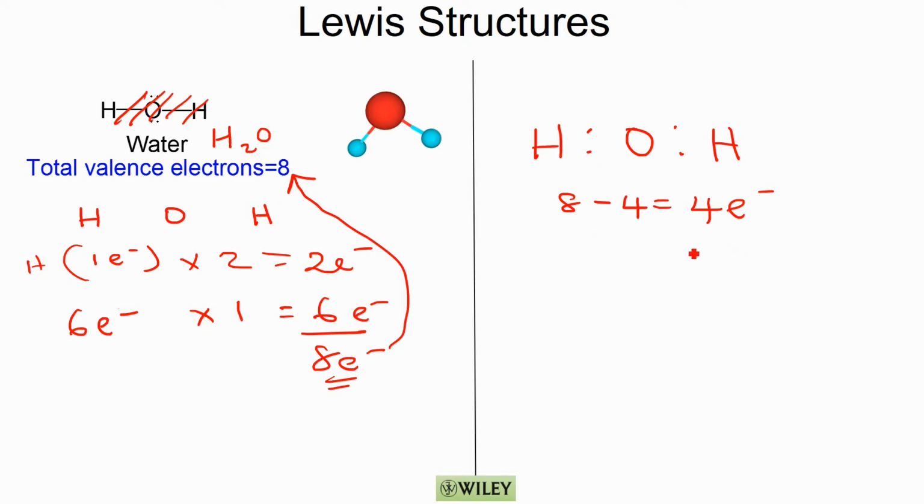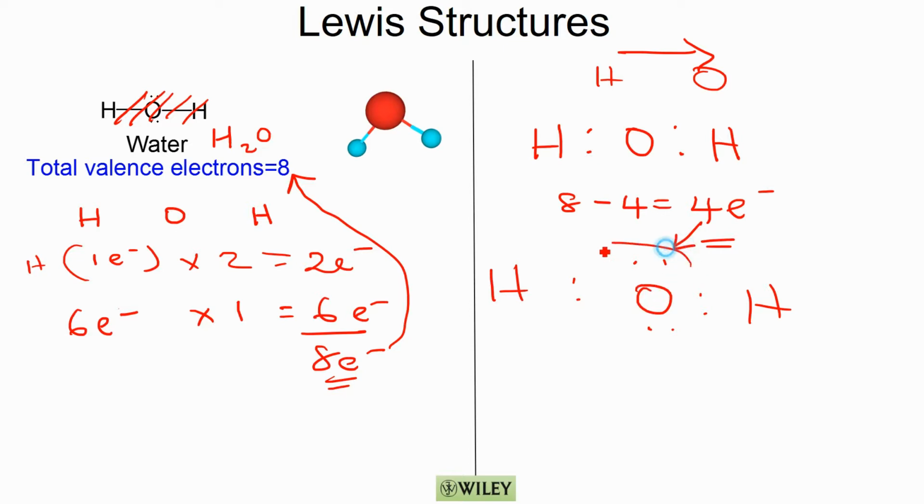Now the 4 extra electrons that are not accounted for in what we've done in step 1 will be put on the oxygen, because oxygen is more electronegative than hydrogen. Oxygen is found further to the right of the periodic table. So you're going to draw H, O, H, and this time give the 4 electrons to the oxygen.